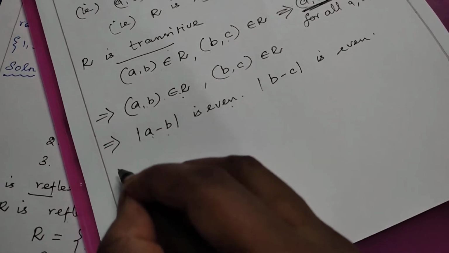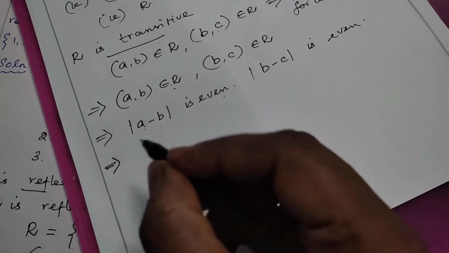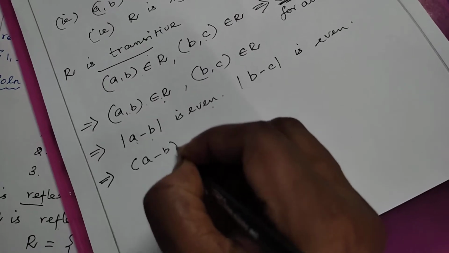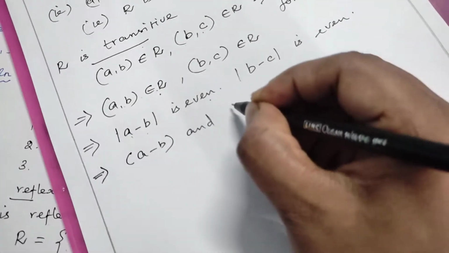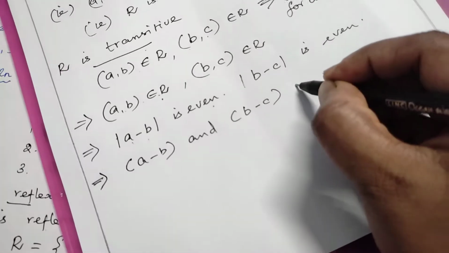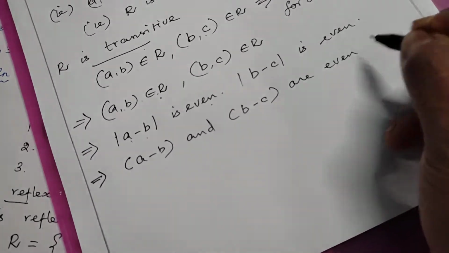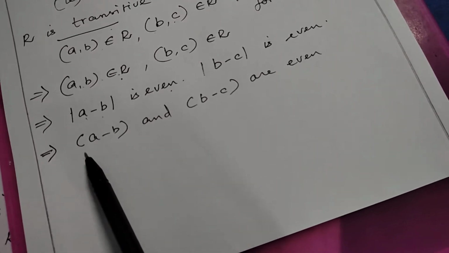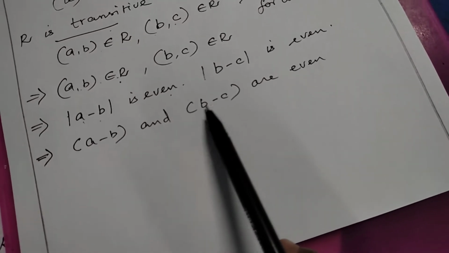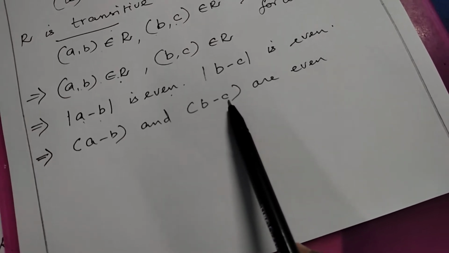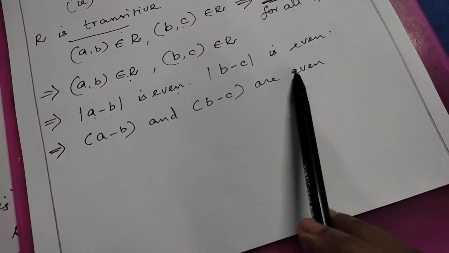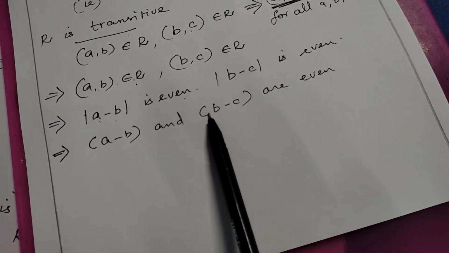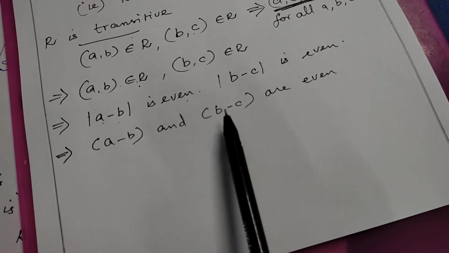Modulus means we take only positive values. Therefore, A minus B and B minus C are even numbers. Then adding these two: when we add two even numbers, we get an even number.